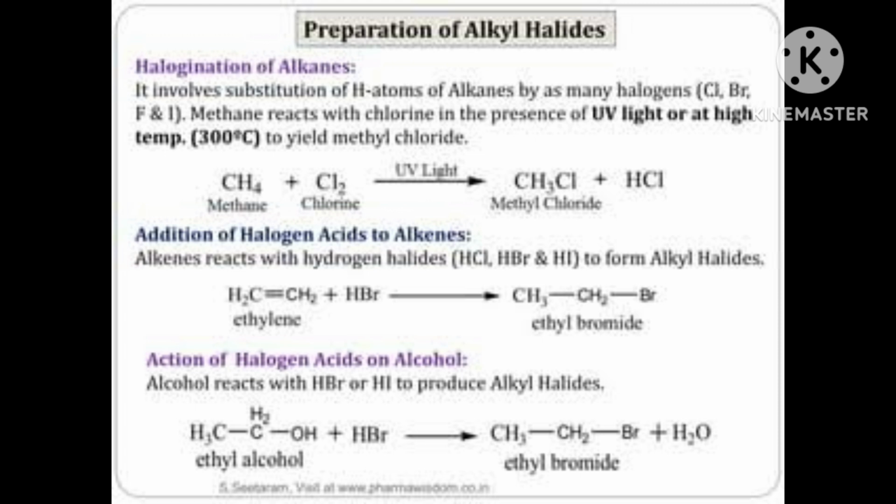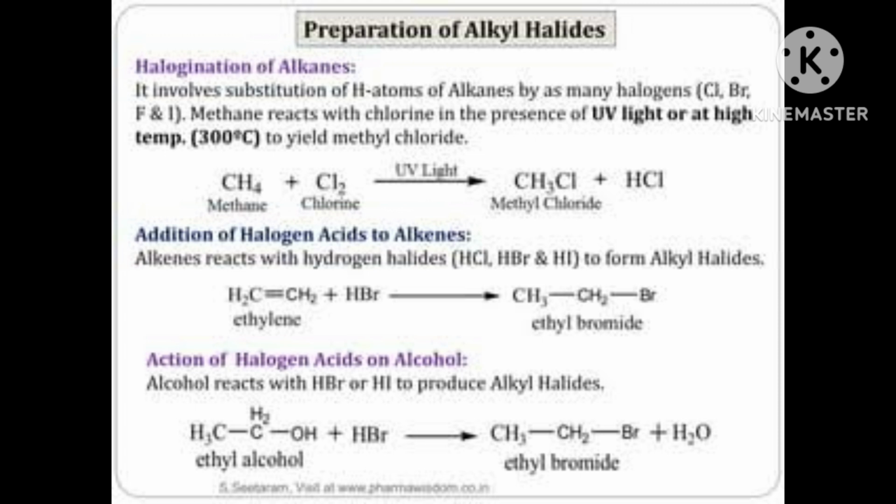Mixing the solution of freshly prepared diazonium salt with cuprous chloride or cuprous bromide results in the replacement of the diazonium group by Cl or Br. Here it is important: the diazonium salt you got is N2X.